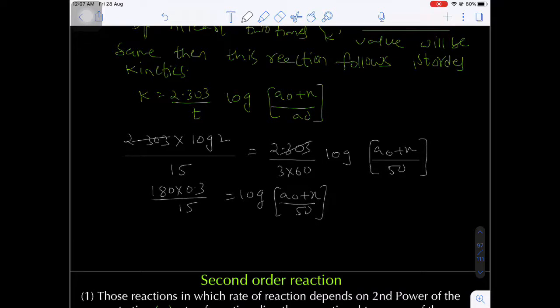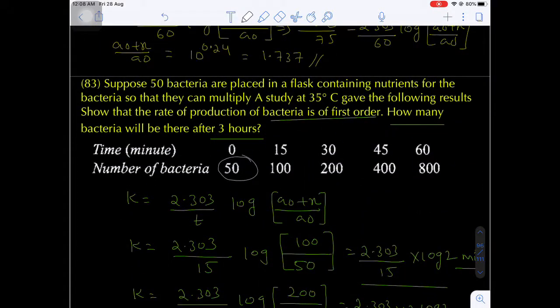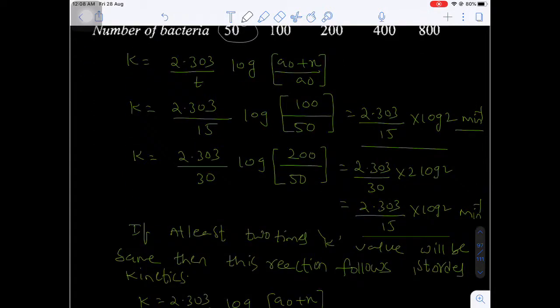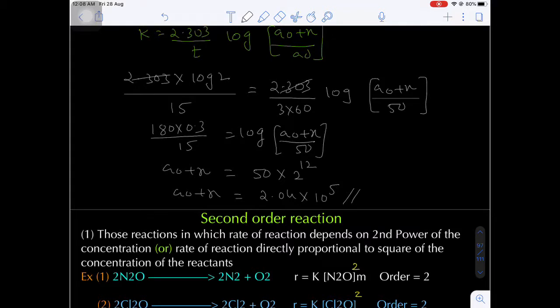Now here a0 plus x value is equal to 50 into 2 to the power 12, so a0 plus x value is equal to 2.04 into 10 to the power 5. Initially at time t0, 50 bacteria will be there, but after 3 hours, the growth of bacteria will be 2.04 into 10 raised to 5.